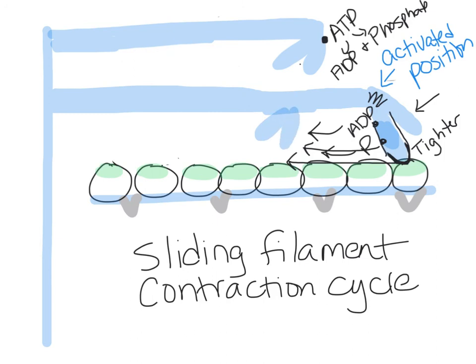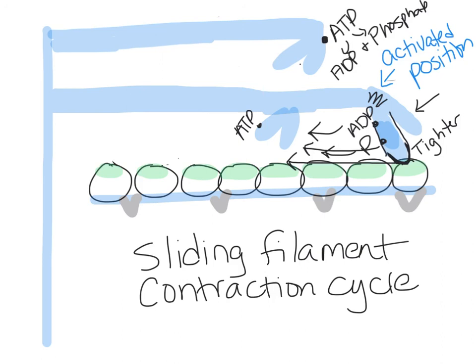When it carries it along with it, it'll then be in this position. It has to be reactivated, so another ATP will bind to it. The ATP will split, and it'll go back in this position. Now it's going to grab onto an active site even further down the line, and it's going to pivot. It's going to continually do that.